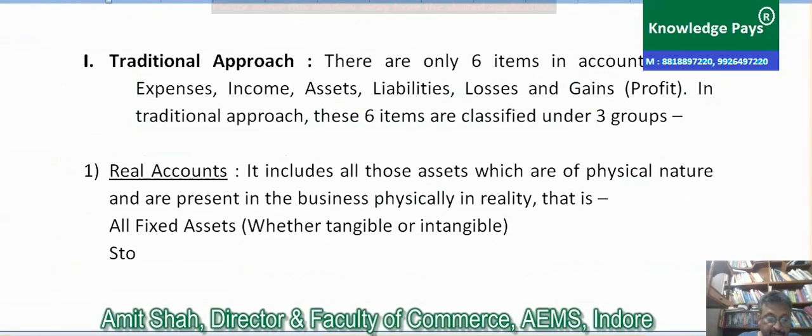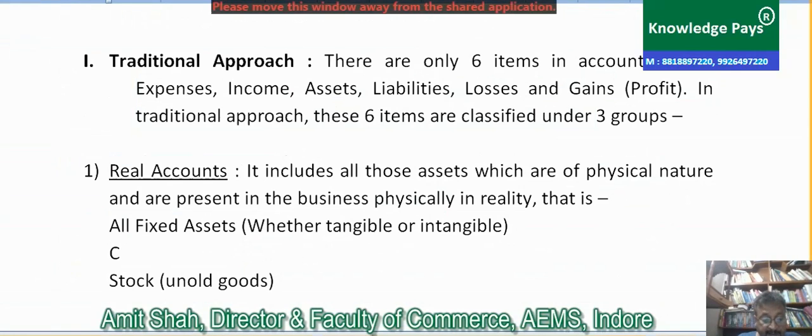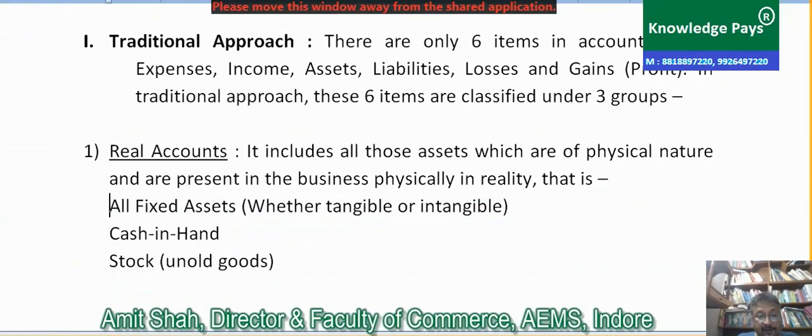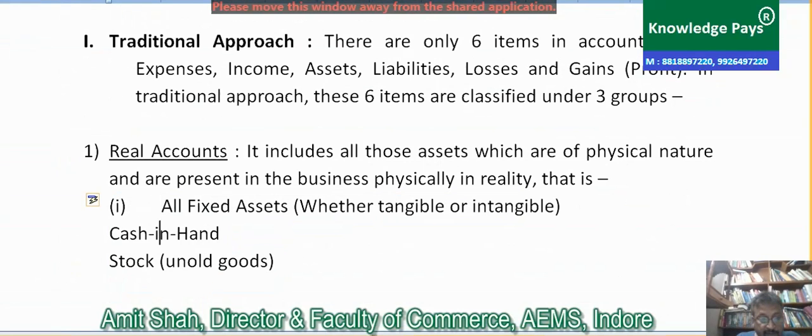Then stock, that is unsold goods, and one more item, that is cash in hand, that is cash available with the business in its cash drawer or in its cash safe. So there are only 3 items which are part of real accounts. Have you got this?